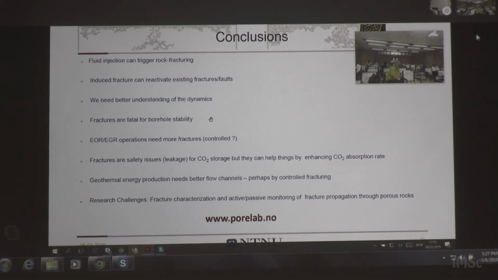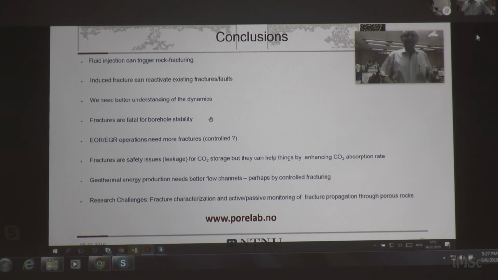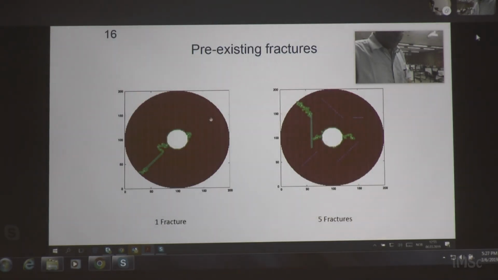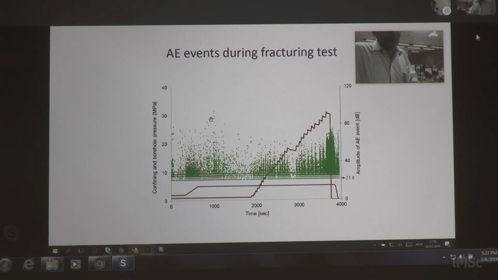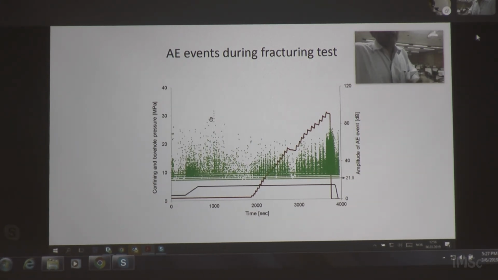Sir, I can't hear you properly, sir. Okay. You are asking about the increase of injection pressure. At any level of pressure, you increase a little bit more, with a fixed amount, and then there is a further increase in the acoustic activity.